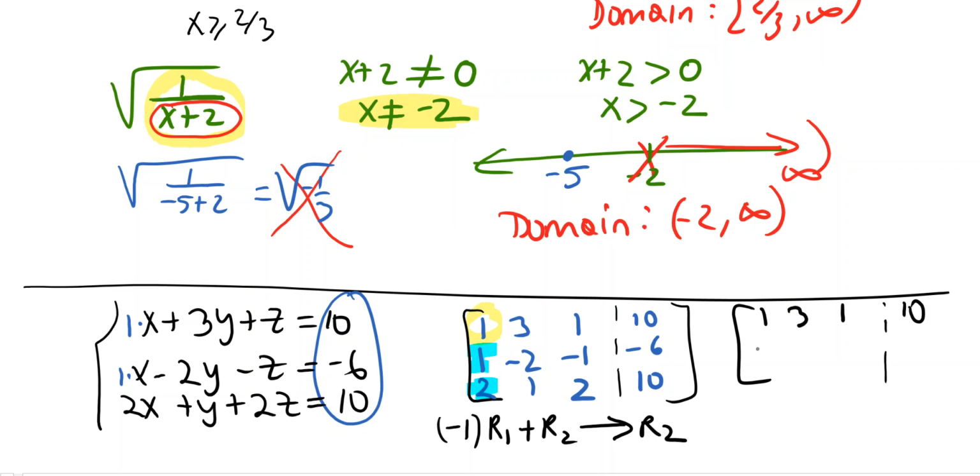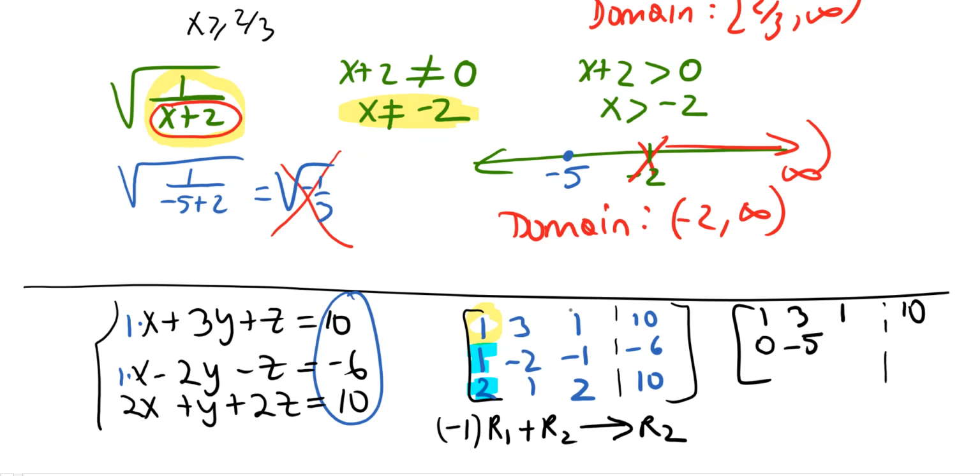And so in the second row, this is what I'm going to put. Negative 1 times 1 is going to be negative 1, and then plus row 2. So it's going to be negative 1 plus 1, which is 0. And then negative 1 times 3 is negative 3. Negative 3 plus negative 2 is negative 5.